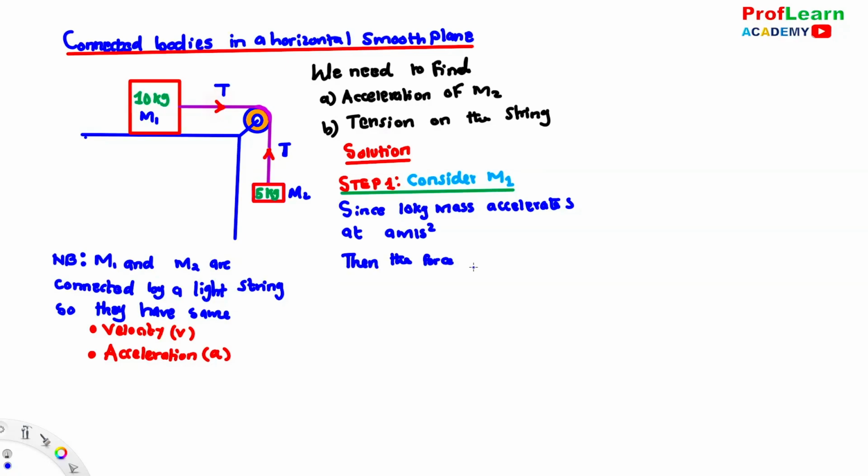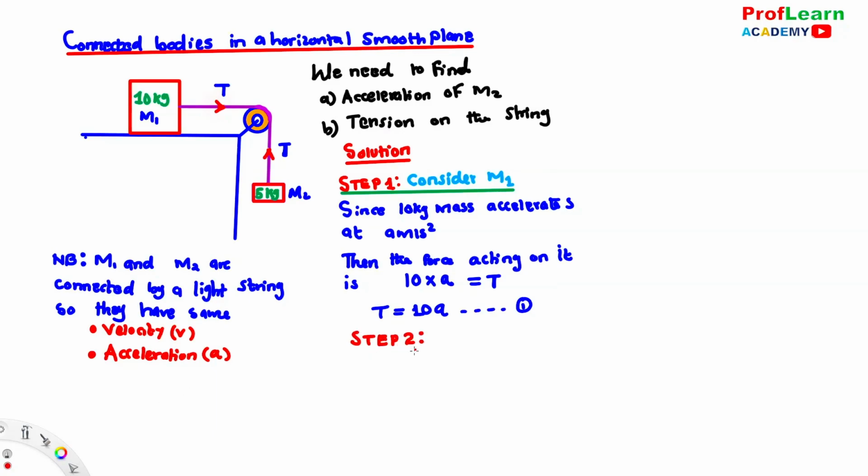So the force acting on this object is MA, that is 10 times A. Because this object is being pulled by the string, the only force acting here is the tension force. Remember, there is no friction, so 10 times A equals the tension of the string. So our tension is 10A, which is our first equation.